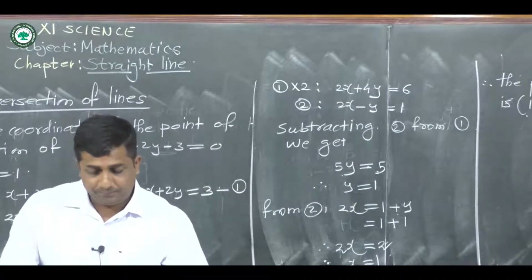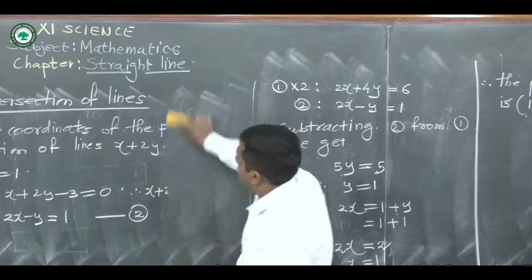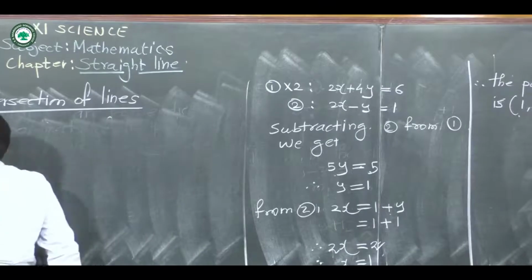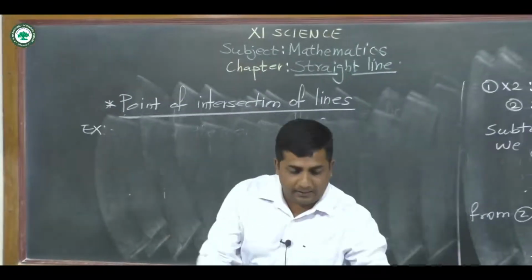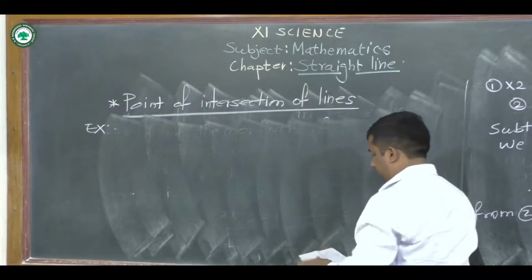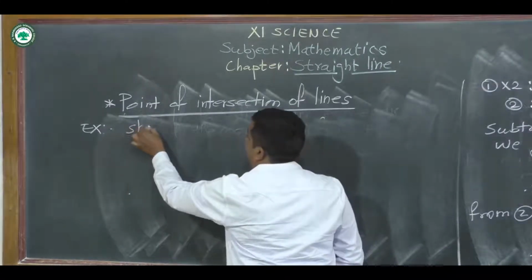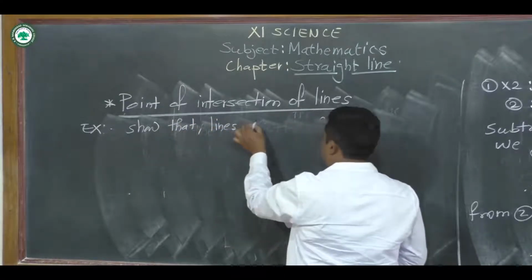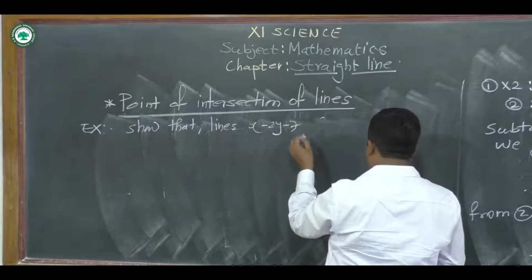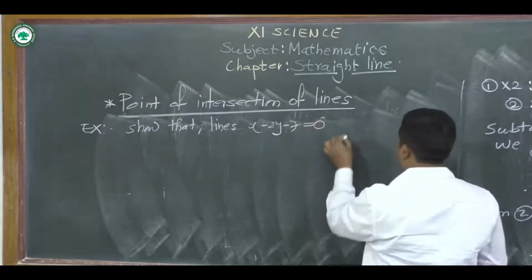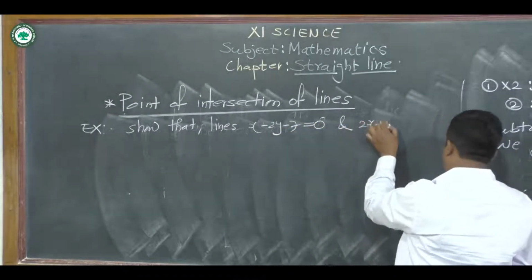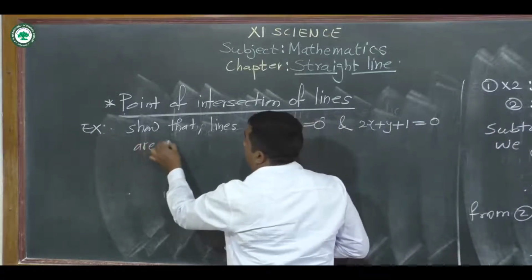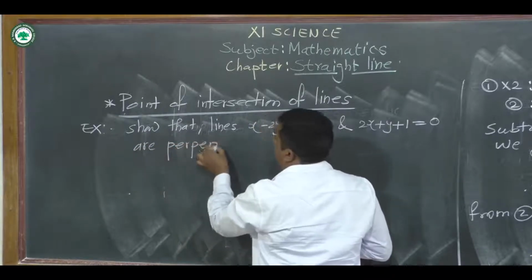In the second example given, show that the lines x minus 2y minus 7 is equal to 0 and 2x plus y plus 1 is equal to 0 are perpendicular to each other.